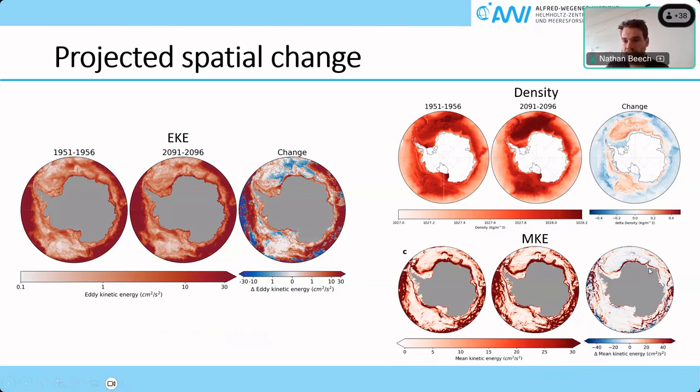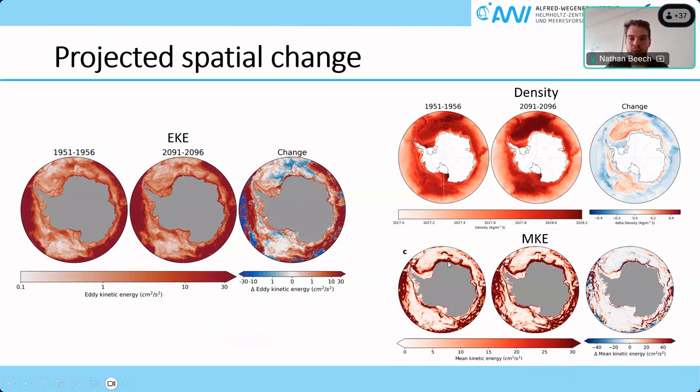And with that higher density gradient, we also see an intensification of the Antarctic slope current in terms of mean kinetic energy here. And as we know from barotropic and baroclinic eddy generation, with the density gradient, we get an intensification of the eddy activity along the Antarctic slope current. Interestingly, this is one of the ways in which water, and particularly heat, crosses the Antarctic shelf break, through the stirring of the eddy activity in the Antarctic slope current.